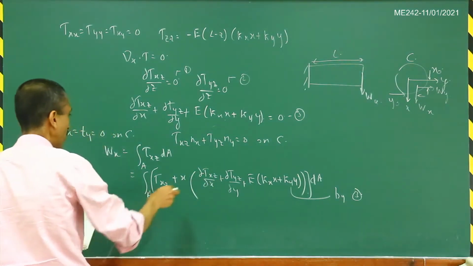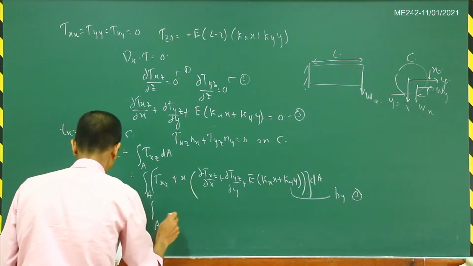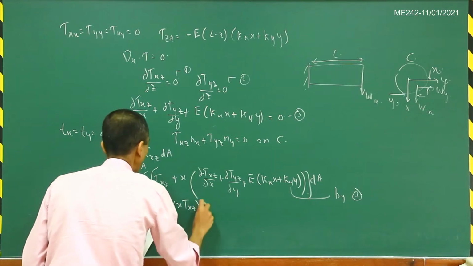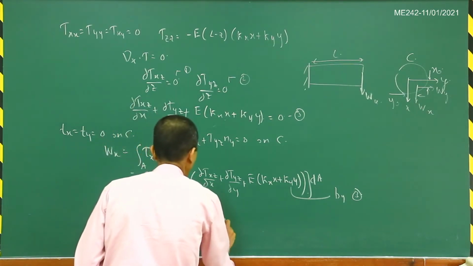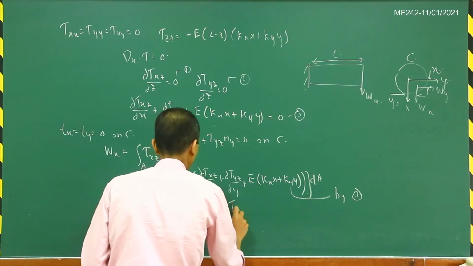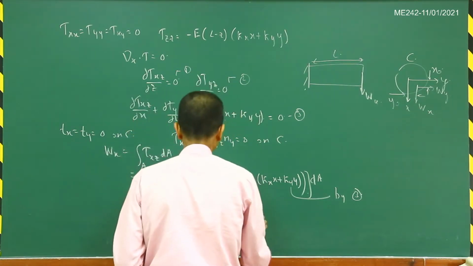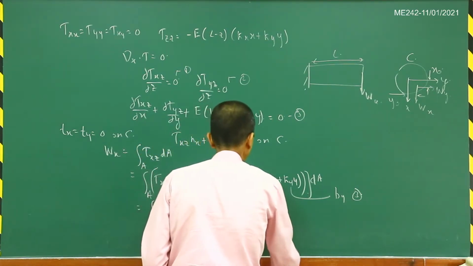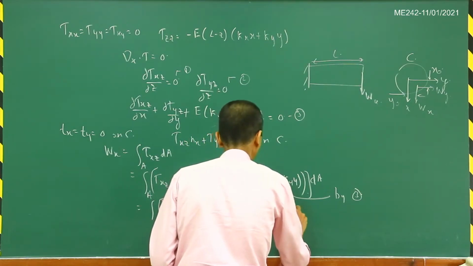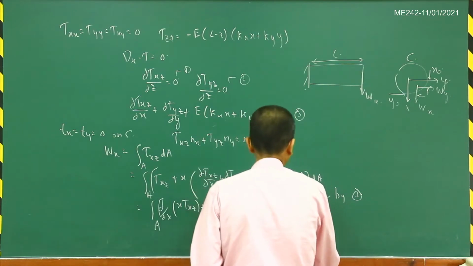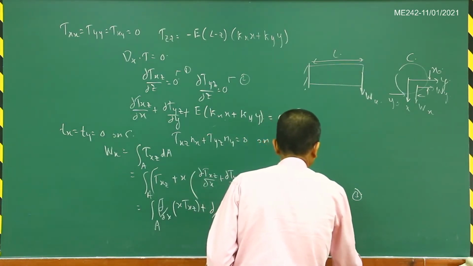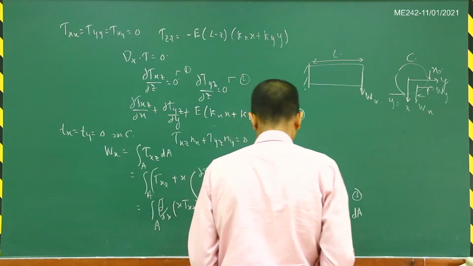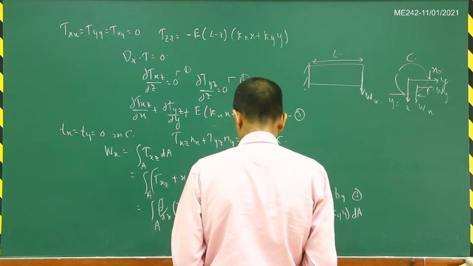So now I can write this as del by del x of (x times tau xz) plus del by del y of (x times tau yz), the whole thing times dA, plus integral of E times x times (kappa x times x plus kappa y times y) dA over A. And then now we can apply the divergence theorem to this.